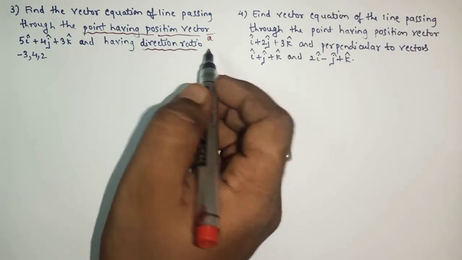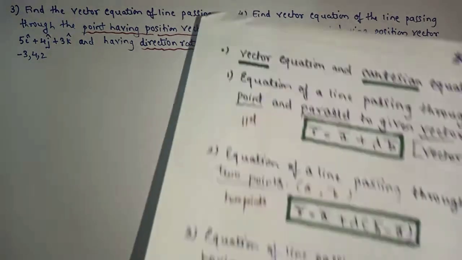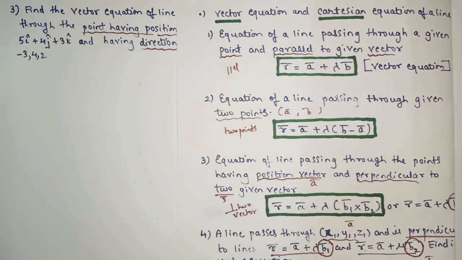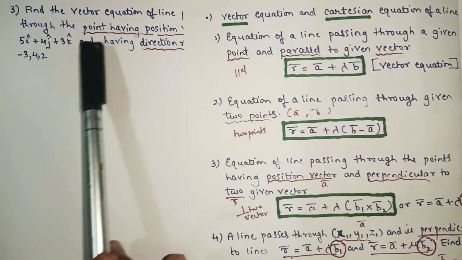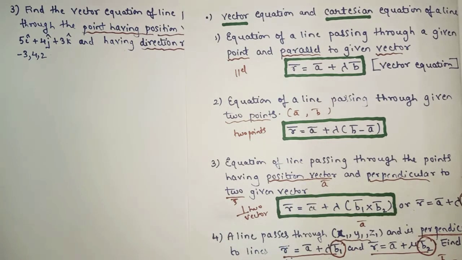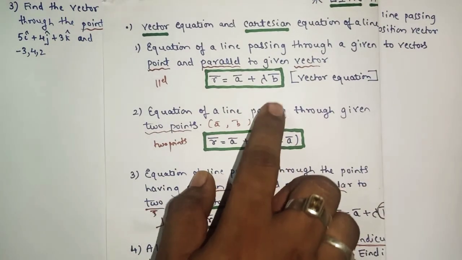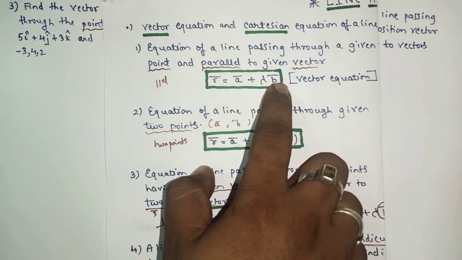Here the sentence is different. The direction ratio is what? Minus 3, 4, 2. So we'll see which formula will come, first, second, third or fourth. Passing through a point means A bar. Having the direction ratio, as I had explained in the last lecture, B bar is actually known as what?